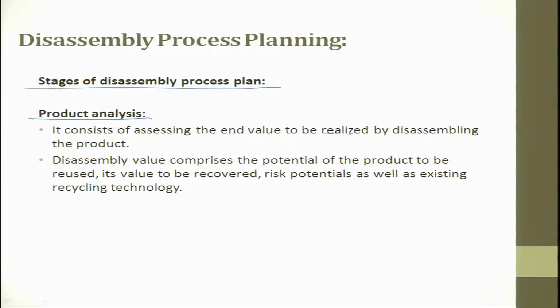Disassembly value comprises the potential of the product to be reused, its value to be recovered, risk potential, as well as existing recycling technology. So, this point is very, very important. All these things are thought of as product analysis.